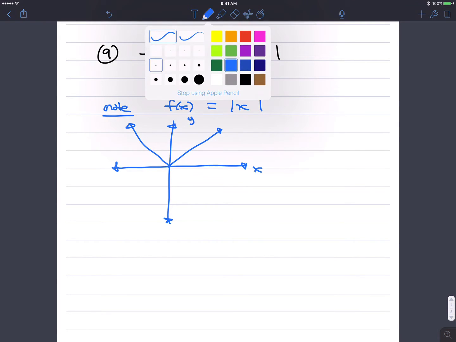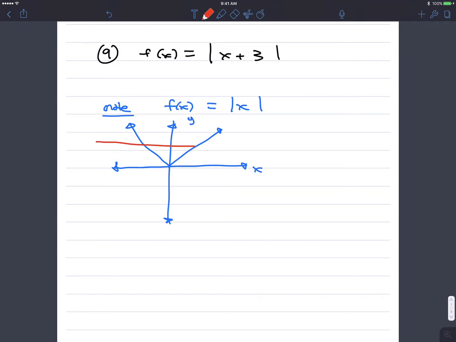All right, now let's double check. It's not horizontal, but is this 1 to 1? What's the problem? 2 points of intersection, not 1 to 1. What do you think that's going to mean about number 9 up here? It's not what? 1 to 1.